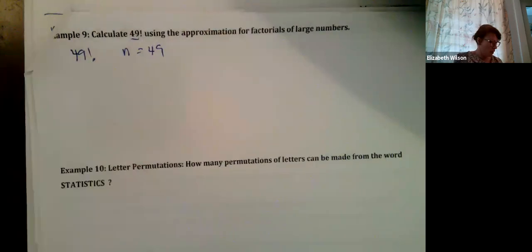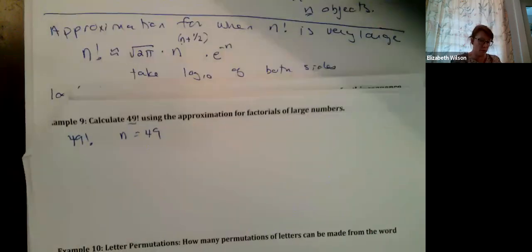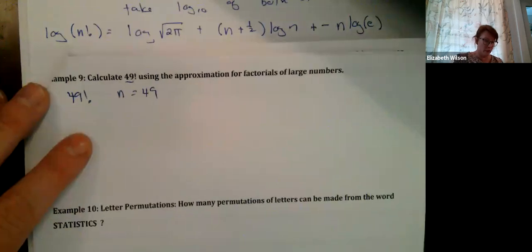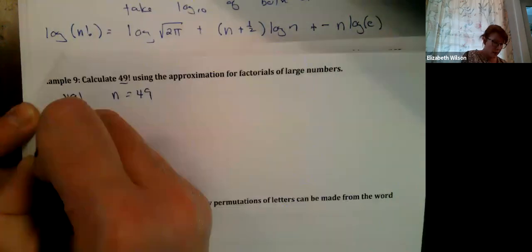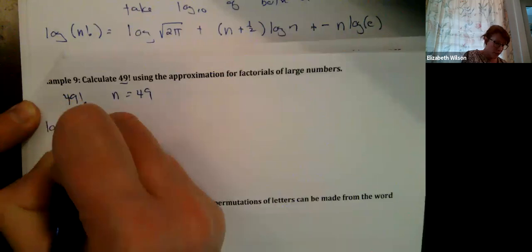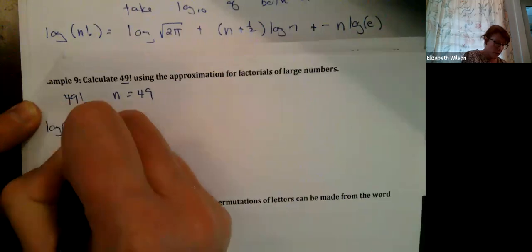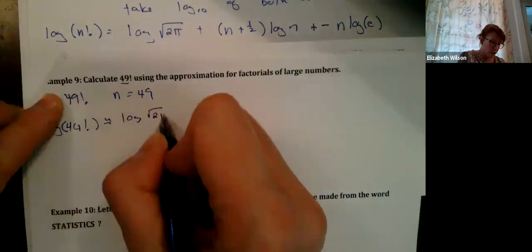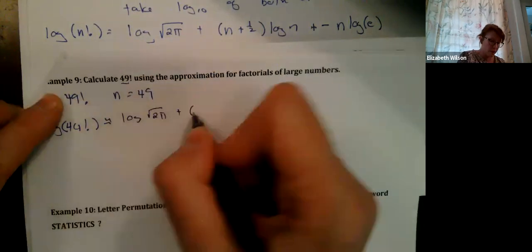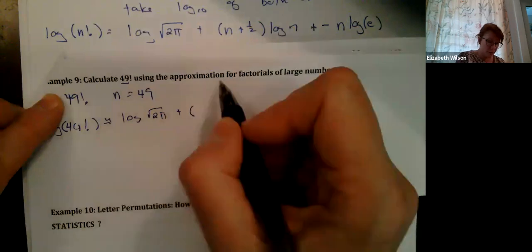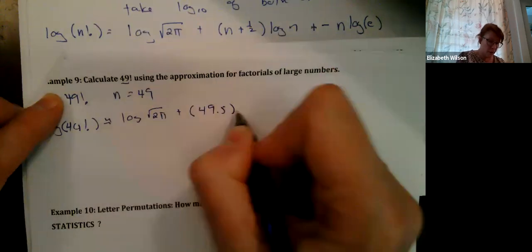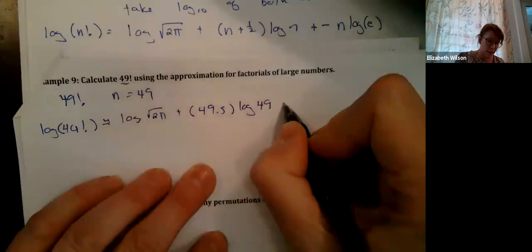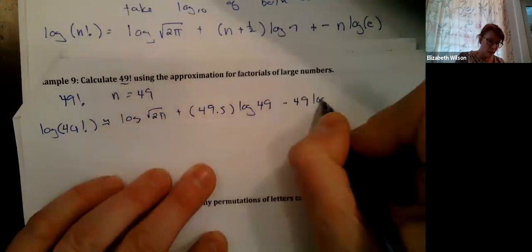All right, so that means I'm going to jump right to where I have the log. I'll write it down like this. The log base 10 of 49 factorial is approximately equal to the log of radical 2 pi, which is just a number, plus 49 plus half, so 49.5, times the log base 10 of 49, minus 49 log of (e).